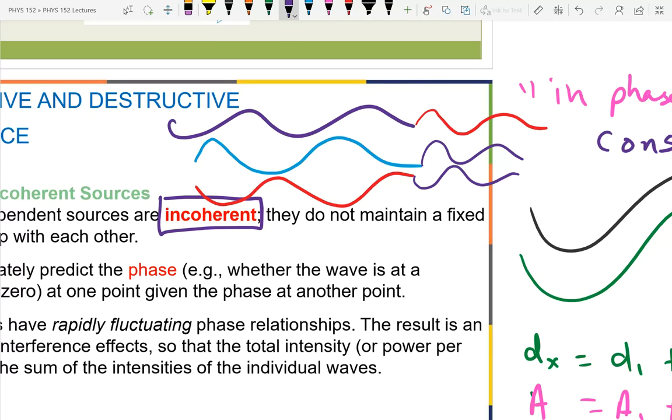So incoherent means that the phase, okay, we talk about in phase and out of phase. The phase is basically the pattern of peaks and valleys. If it's incoherent, that pattern is just random. If it's coherent, it's very nice and repeatable. No matter where you are, it's going to be the same, all working together, so to speak, all organized.